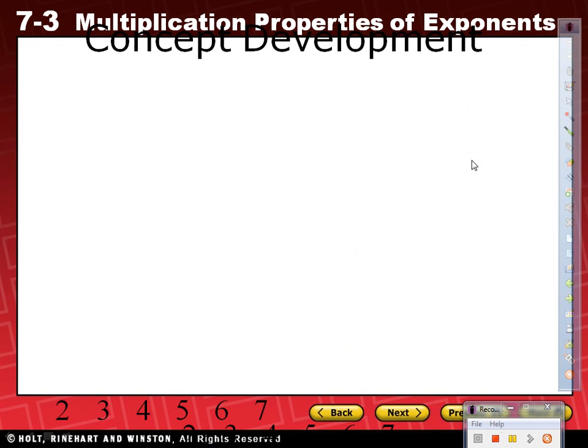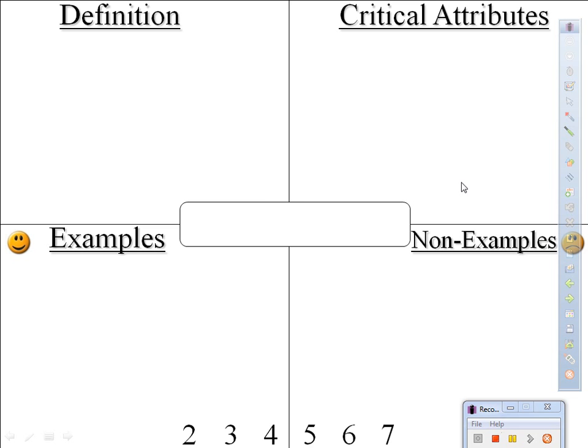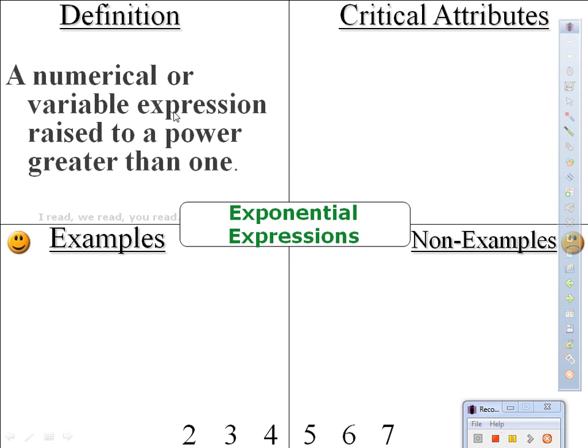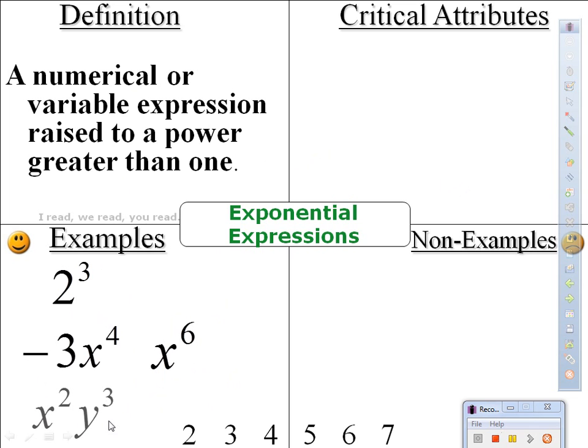So on our prayer model, we have exponential expressions. The definition we said: they are numerical and variable expressions raised to a power greater than 1. Examples: 2 to the third, x to the sixth, negative 3x to the fourth, x squared y cubed.